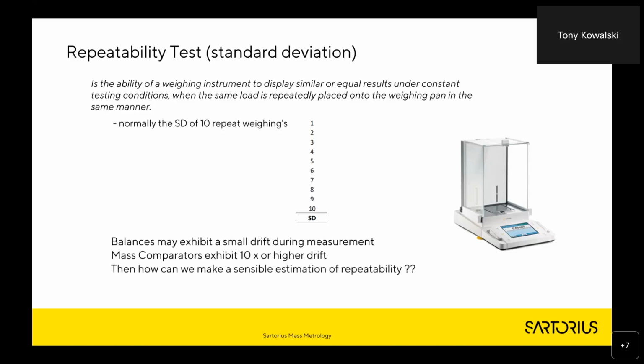So in that case, how are we going to make a sensible estimation of the repeatability on our mass comparator? Well, I've already hinted a little bit earlier on, and it's a drift compensated standard deviation measurement cycle, ABA or ABBA.